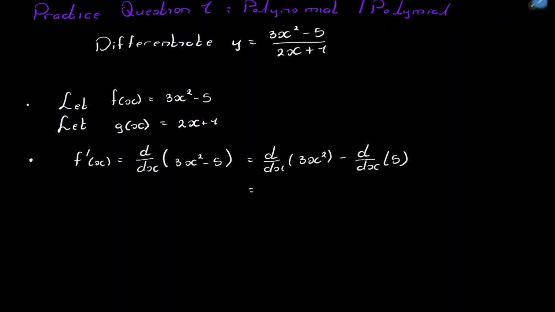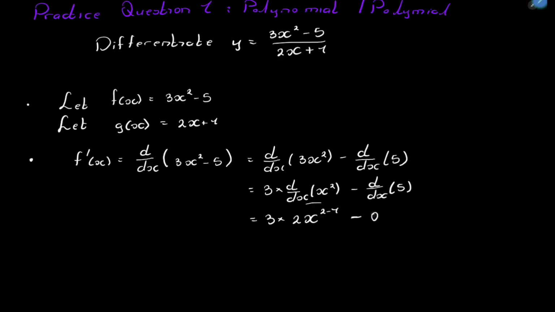From our constant multiple rule, it is 3 times the derivative of x squared minus the derivative of 5. Using our power rule, this is 3 times 2x to the 2 minus 1, minus the derivative of a constant, which from our constant rule gives us 0. Why? Because the derivative of any constant is 0. So this simplifies to 6x.